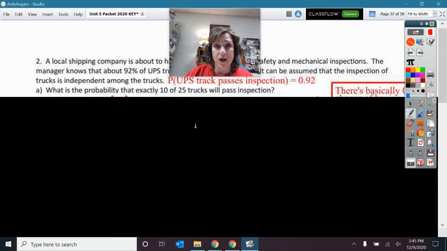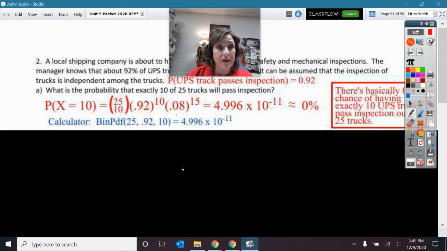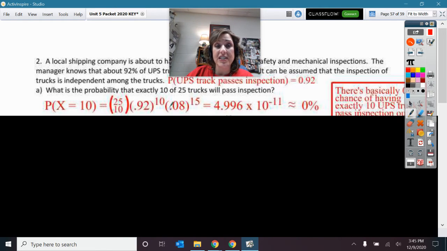There's something going on there that's unusual. To get exactly 10 passing inspection is very unusual. Keep in mind, out of 25, whatever 92% of 25 is, it's a heck of a lot more than 10, because 10 is less than even 50%.